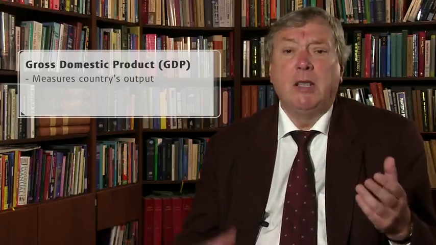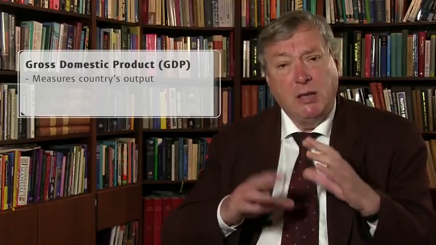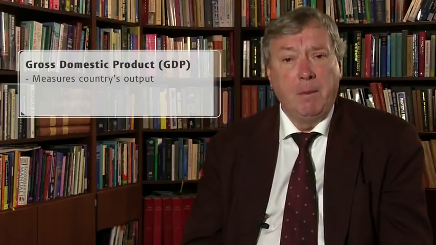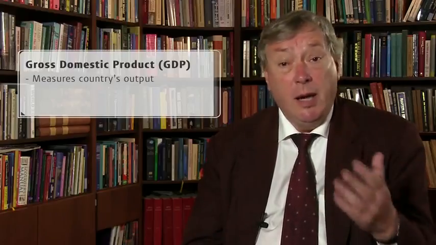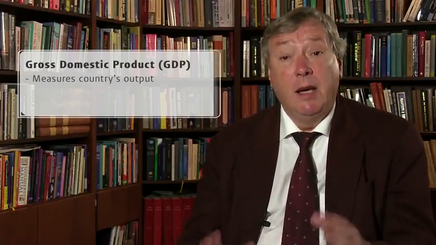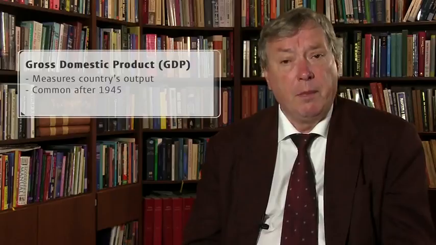Well, throughout history, states have generally had a pretty good idea whether the economy was doing well or badly, but they rarely tried to capture it in one single number like GDP. States only began, and that's only one or two states, to collect national income data in the 20th century, and the practice only became common immediately after the Second World War.